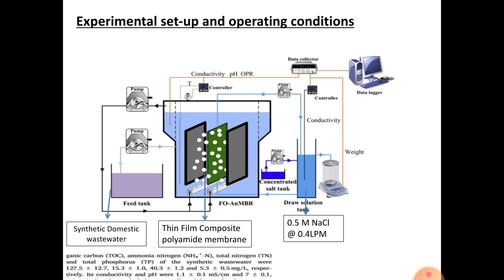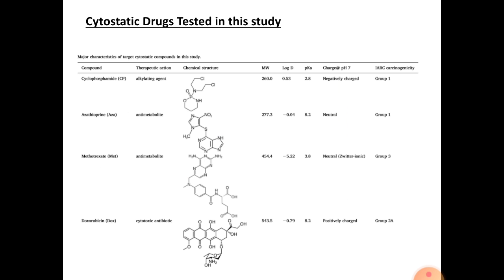So the experimental setup and operating conditions that were used in this paper can be seen in this slide. The membrane that was used was a flat sheet FO membrane made of thin film composite TFC polyamide, and the configuration of the membrane along with the reactor is that of a submerged membrane reactor.